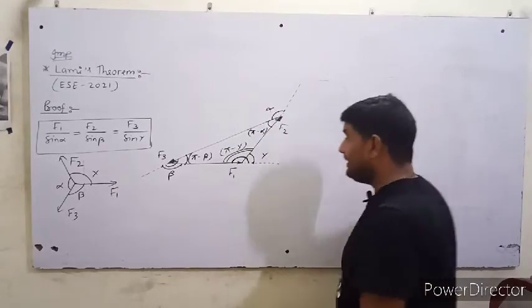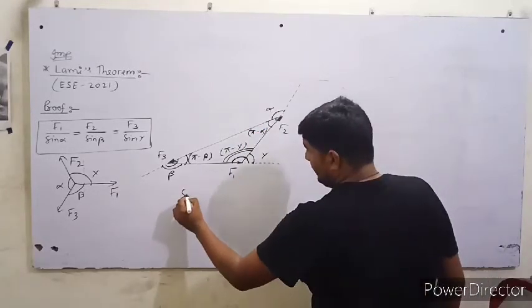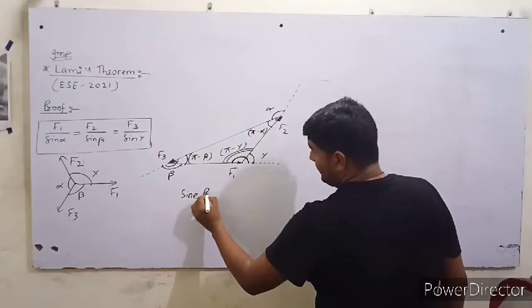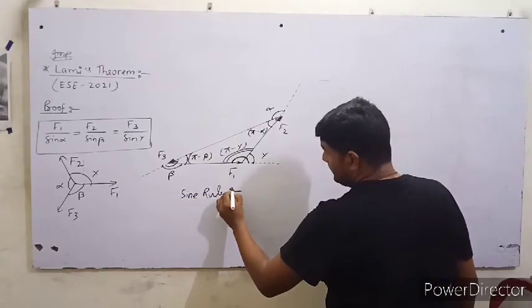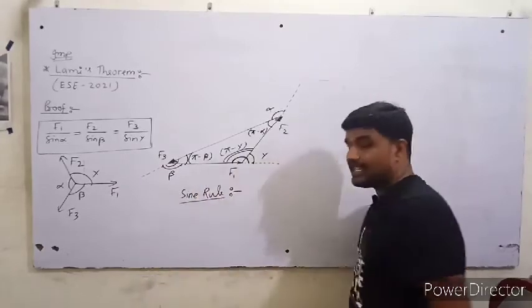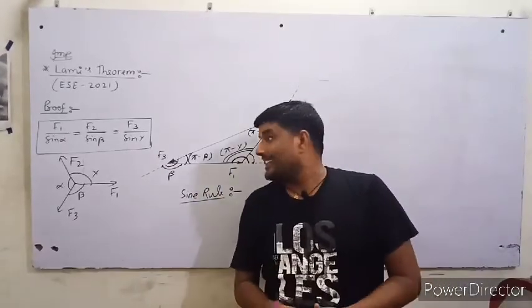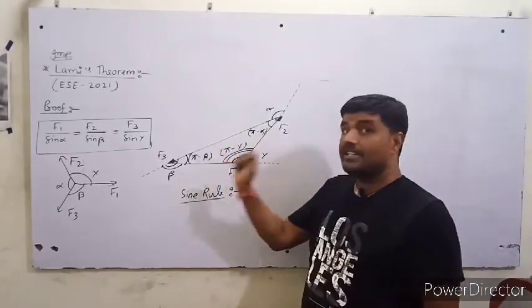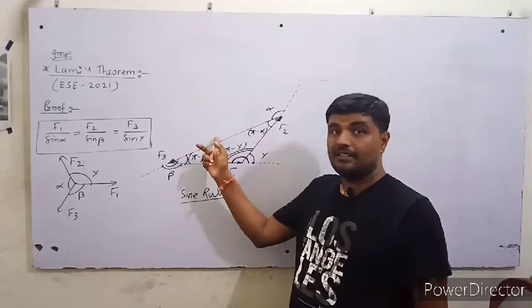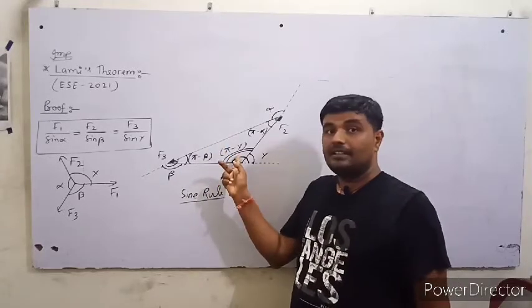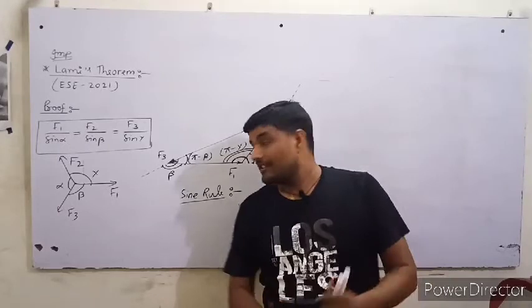If I apply the sine rule, what does the sine rule say? The sine rule says that the ratio of the side to the sine of its opposite angle is a constant.